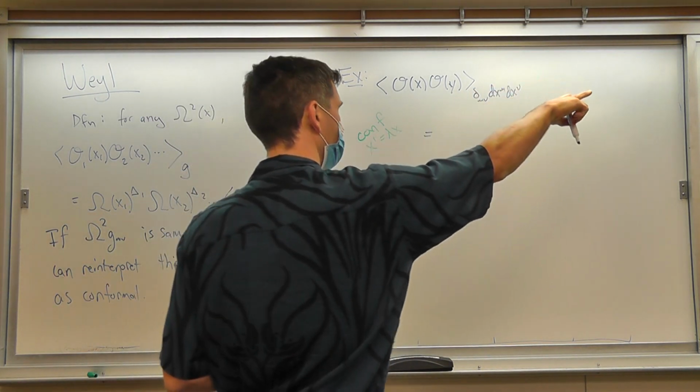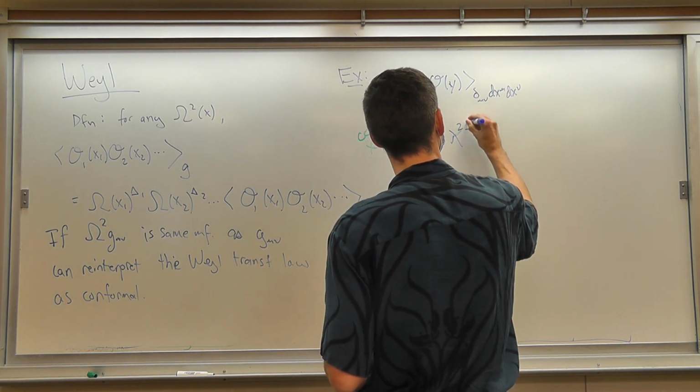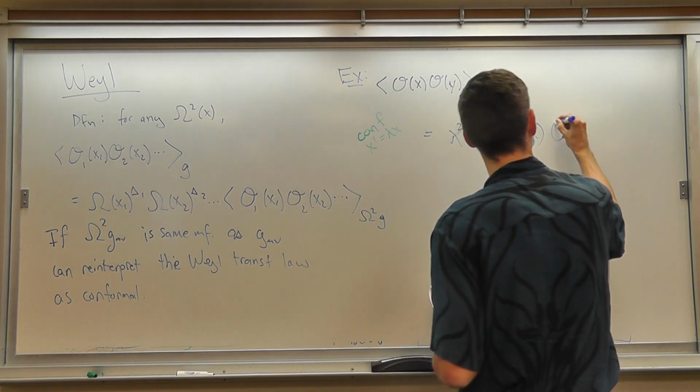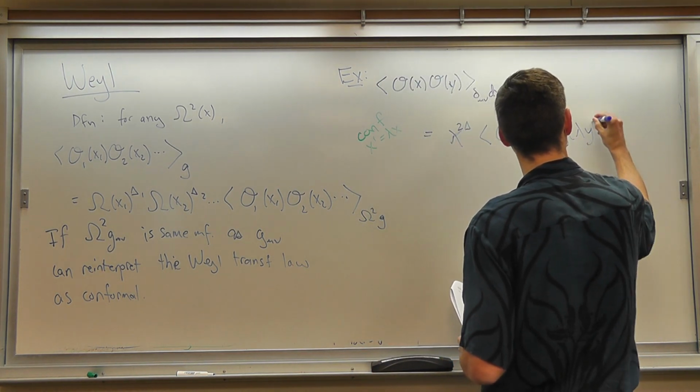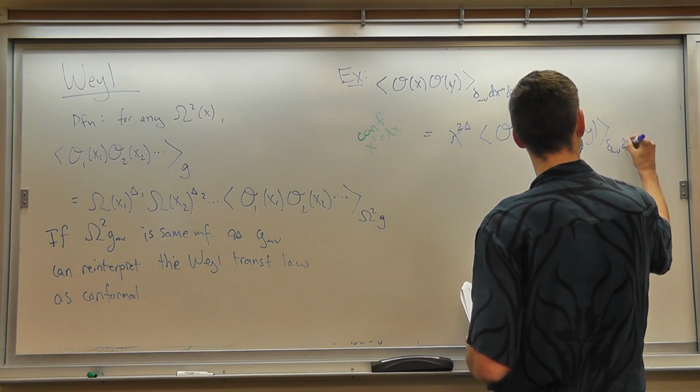And we just use our conformal transformation law there. So this is lambda to the 2 delta O of lambda x, O of lambda y. Still in the flat metric because conformal transformations don't change the metric.